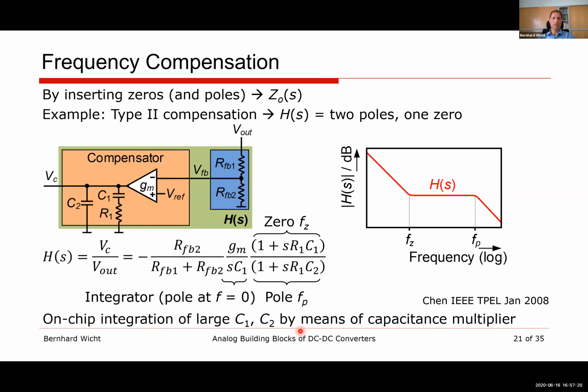Then these products and designs use integrated C1, C2 values by means of a so-called capacitance multiplier. It uses something like a Miller effect to virtually increase the cap value so that we can still integrate it on chip. If you're interested, there's a nice paper here as well, which shows these techniques.